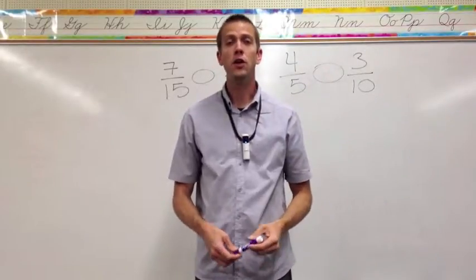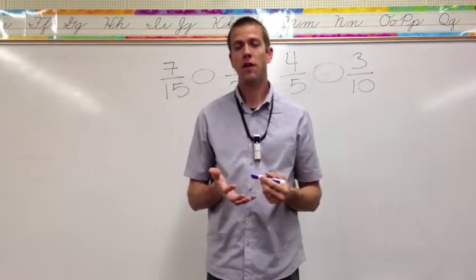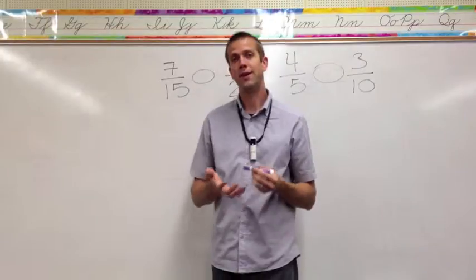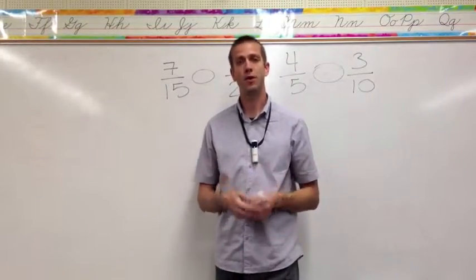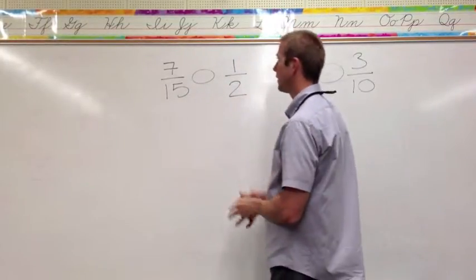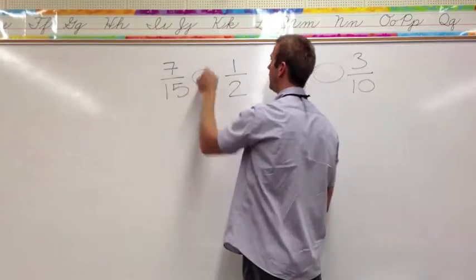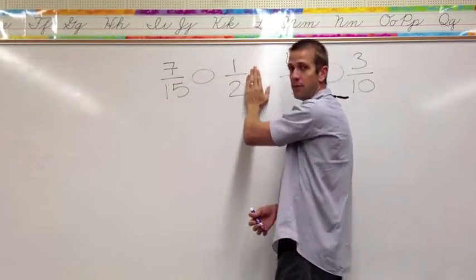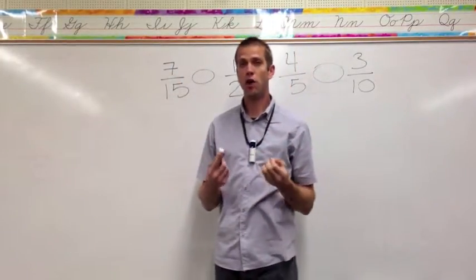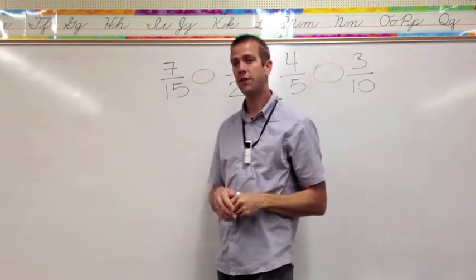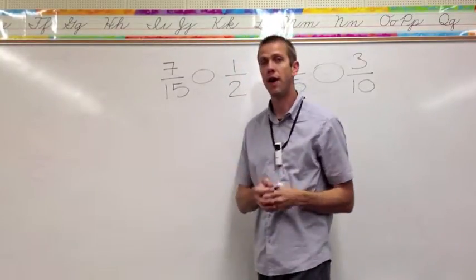Now in your book, you are asked to show that you have made these into common denominators before you compare. I could look at this and go, this is 14, this is 15, this side's bigger. But to show common denominators, you're going to need to cross out the denominators and rewrite a new fraction.